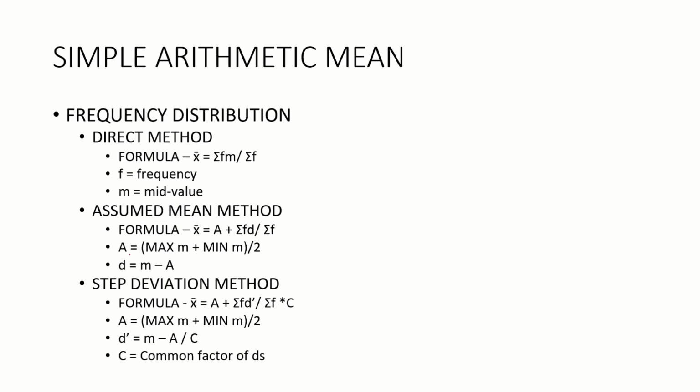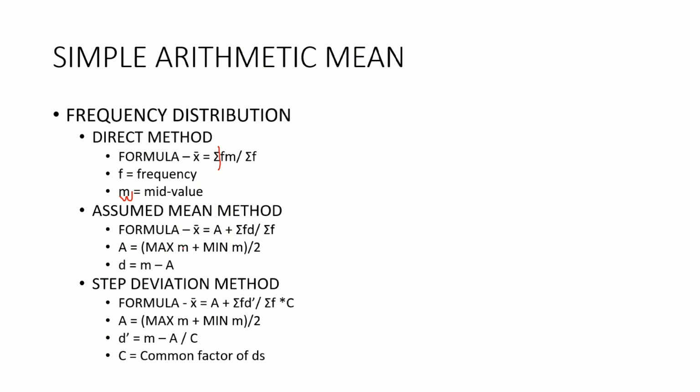Every time we first have to take out the mid value, or M for short. So arithmetic mean equals the sum of all frequencies multiplied by mid values divided by the sum of all frequencies.